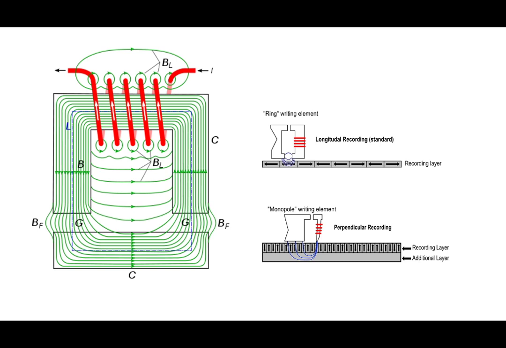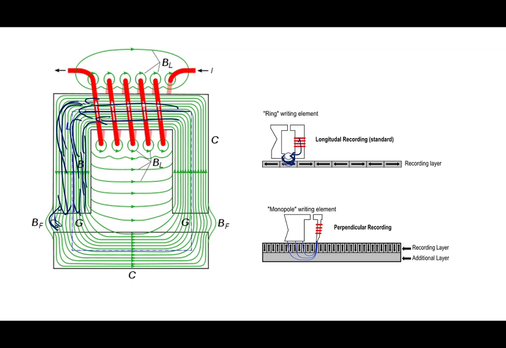You generate the magnetic field up here in the coil, but then it gets channeled within the metal so that it is exposed only where you choose. You just want it exposed within this little gap so you can write just that little tiny bit.